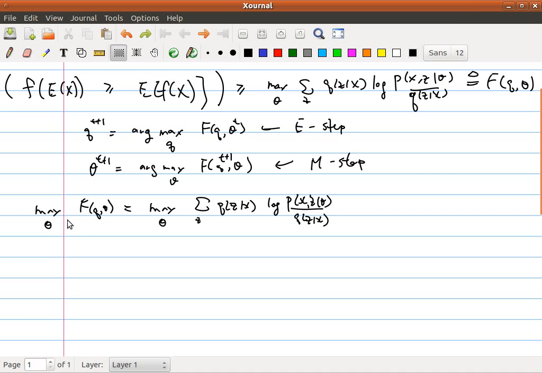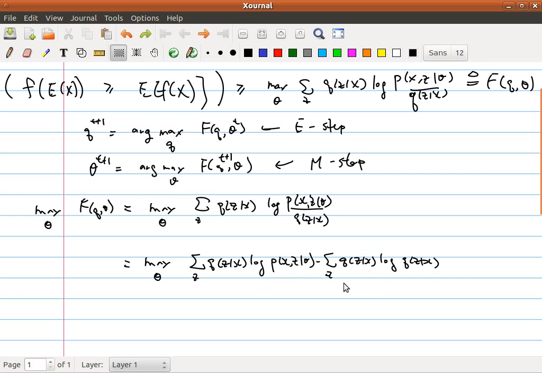Now let's look at the M step. The M step is trying to maximize F(Q, θ) with respect to θ, as we discussed. We copy the F(Q, θ) here. Instead of expanding p(x, z given θ) like in the E step, we just expand this log into these two terms.